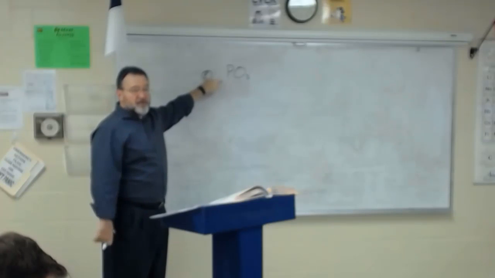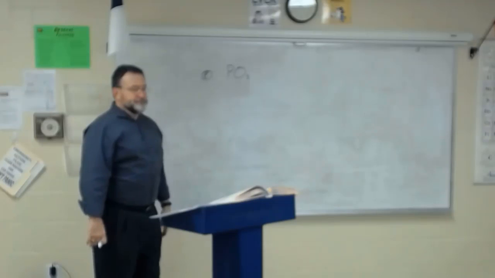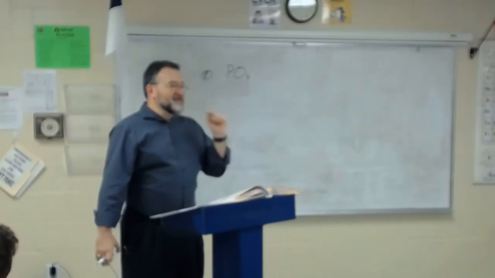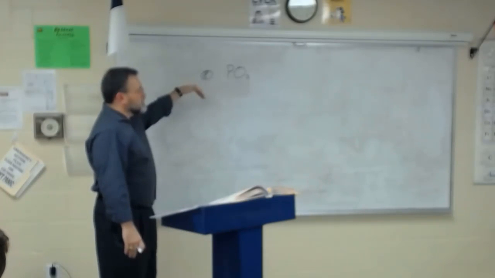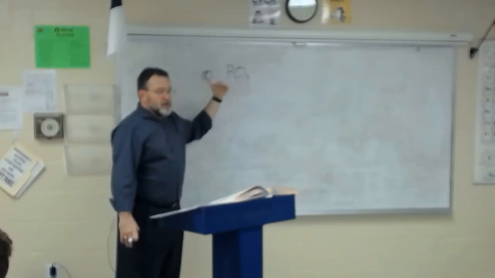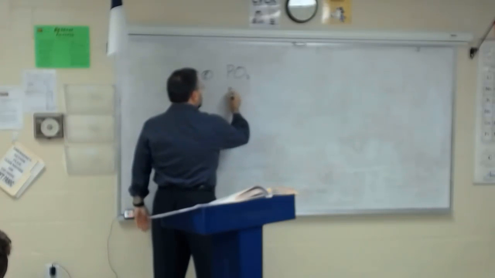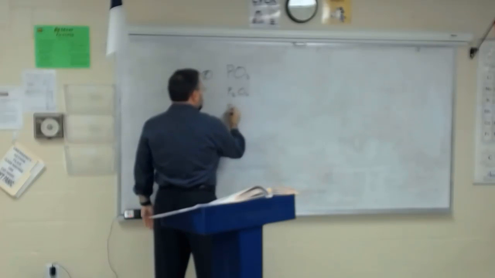The molecular could be the empirical, this times 1. So the empirical can always be the molecular, but it's not necessarily the molecular. So the molecular of PO3 empirical could be PO3. It could also be P2O6.